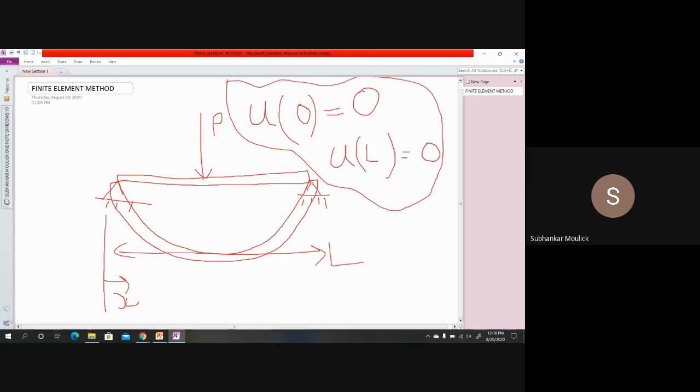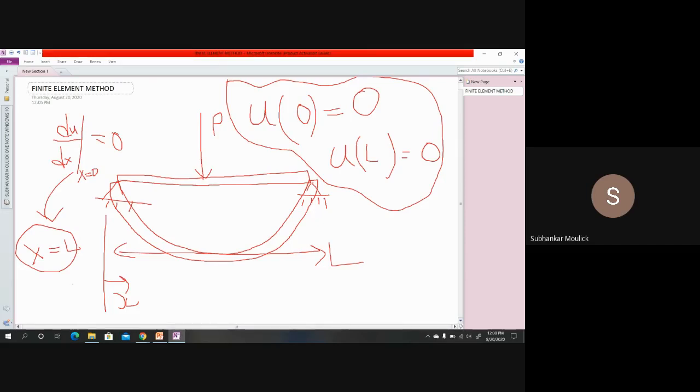Likewise, from the given problem, we can see that du over dx, that is the slope, will again be 0 when x is 0. The same thing, it will be 0 when x is equal to L. Here I have not given you the boundary condition.